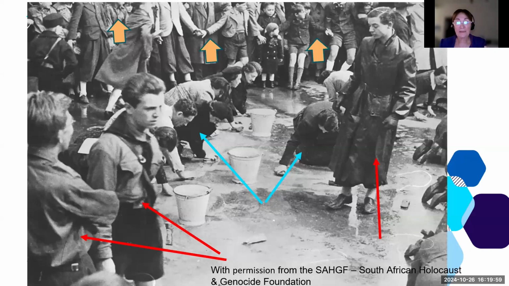So those who think that it's awful, what's happening, why do you think they don't try and stop the Nazis? Is there any reason you can think of why they don't stop the Nazis if they didn't agree with it and they were horrified? Exactly. The fear.